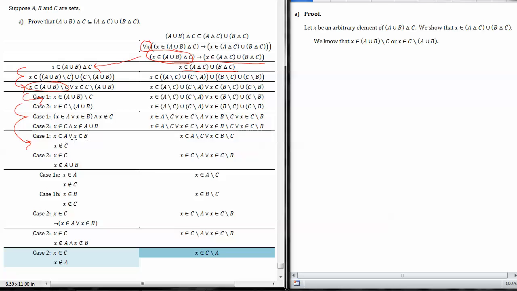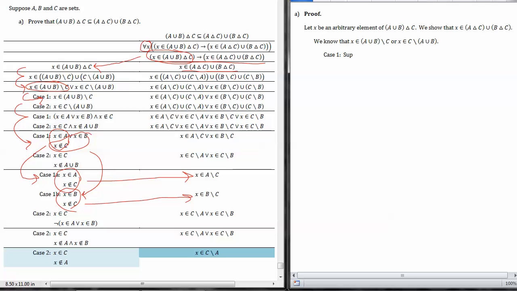And then we had another disjunction, so these came down as case 1a and gave us our goal. And these came down as case 1b, which gave us a different goal. And that took care of case 1. So let's see if we can put that down.